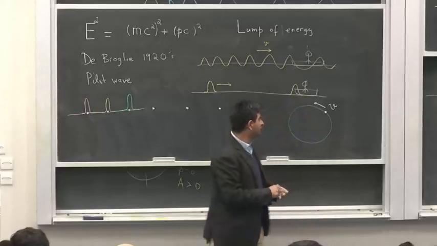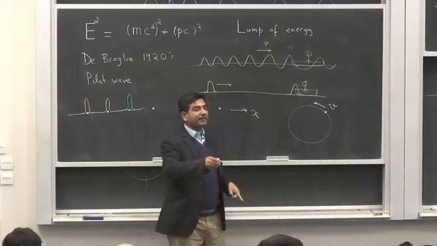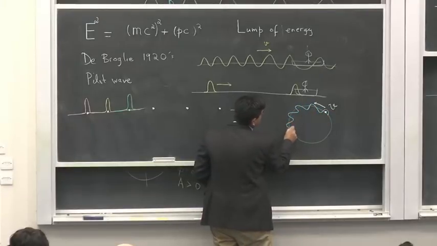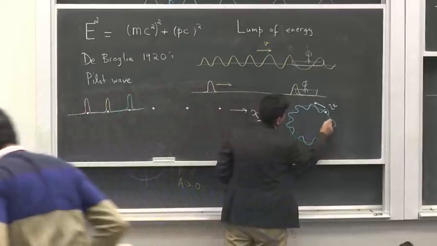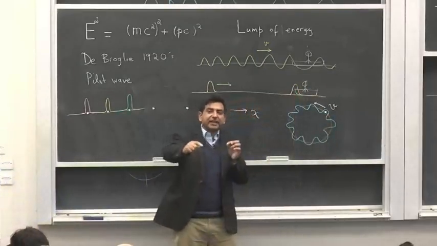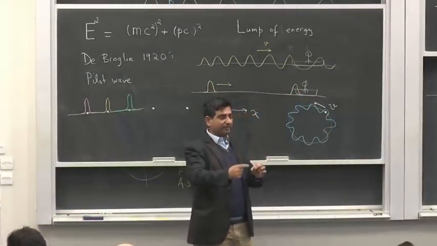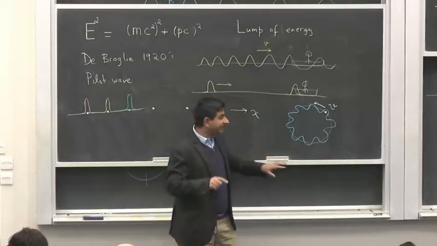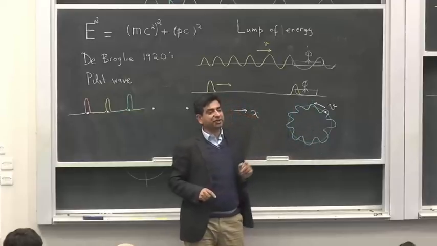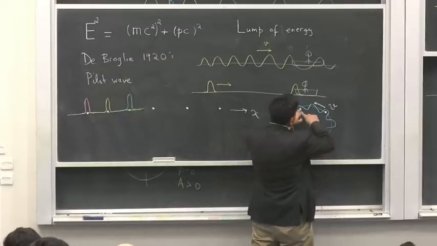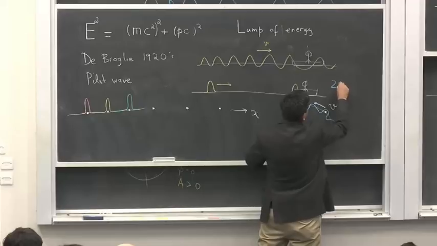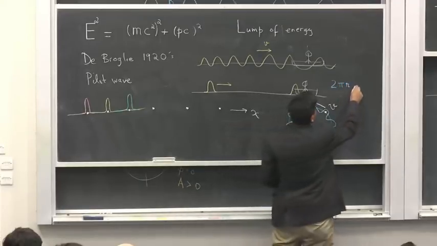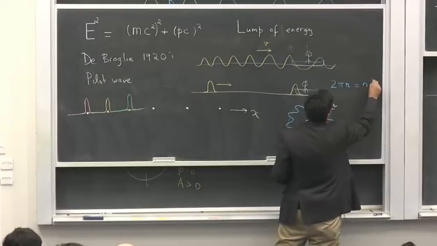He also proposed that associated with this particle, there is a wave inside the orbit of the electron, which is steering the electron inside the orbit. And Bohr's idea was that if this were to be a stable configuration, then the circumference of this orbit, 2 pi r, must be equal to an integral number of the wavelengths.